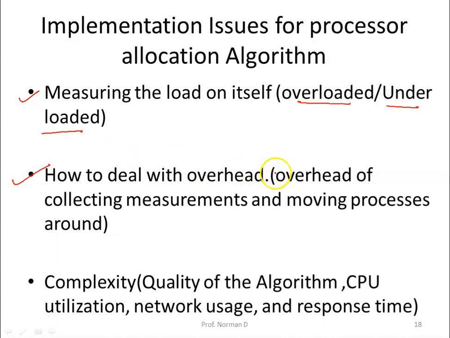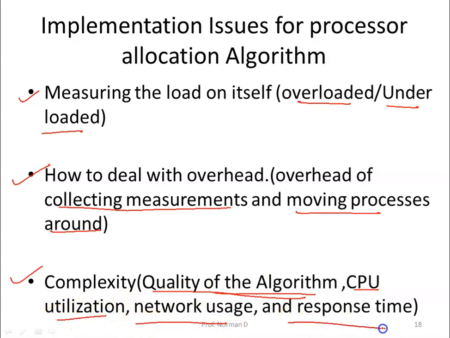Overhead here basically deals with collecting various measurements and moving processes from one machine to another machine. And finally, the complexity of the algorithm, that is, the quality of the algorithm. Now the quality of the algorithm can be decided based upon the CPU utilization, the network usage, and the response time of the algorithm.